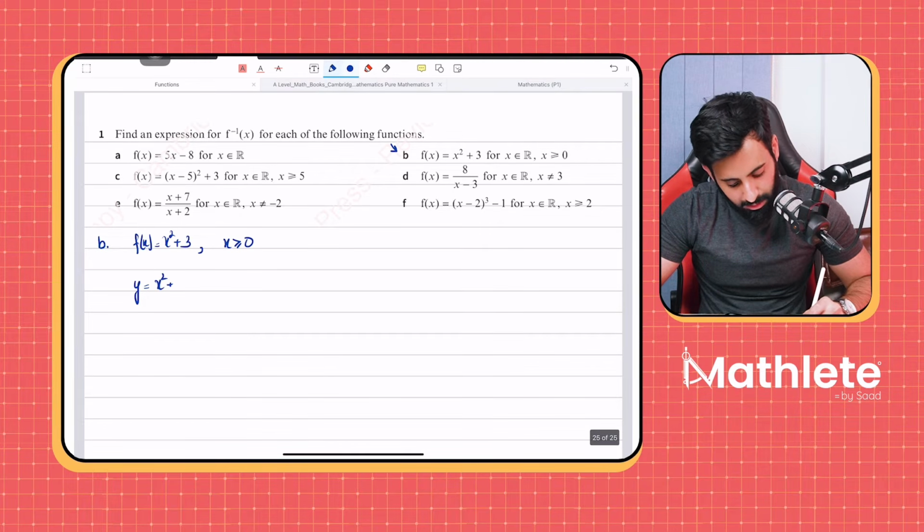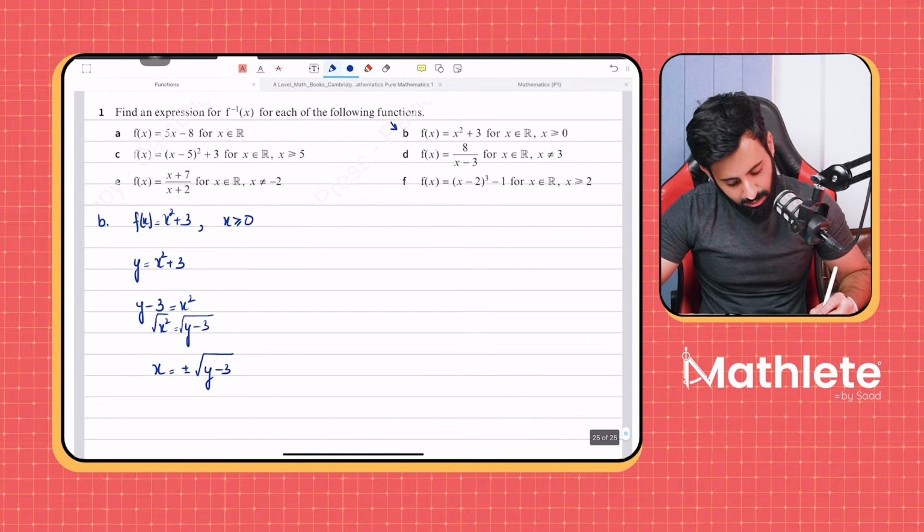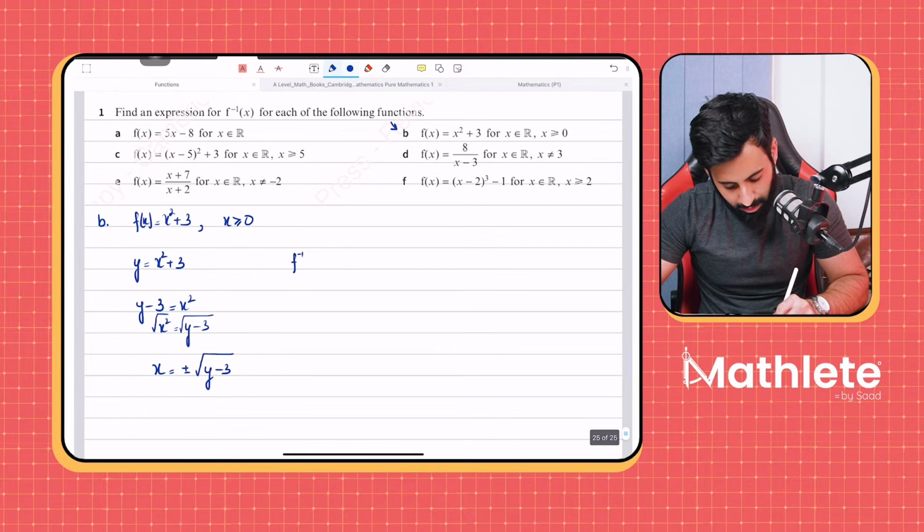So we have y equals x square plus 3. Okay. Let's make x the subject. So y minus 3 equals x square. Let's write this nicely. x square equals y minus 3. Then we take the square root on both sides. So we have x equals plus minus square root of y minus 3.